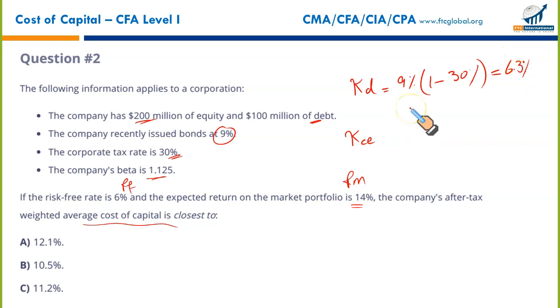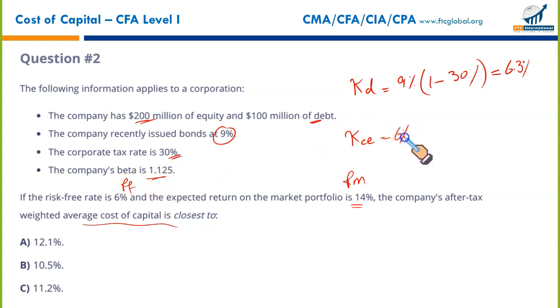Cost of common equity. Can we apply beta, the capital asset pricing model? We have beta, we have RF, we have return on market. Yes, we can. Can we apply the dividend discount model? No, because these are the two models included in your syllabus: dividend discount model and capital asset pricing model. So the given information dictates that we use the capital asset pricing model, CAPM. What's the risk-free rate?